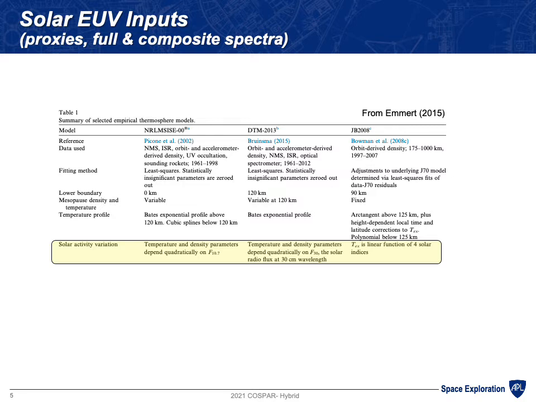But as you can see, that's not the case. Instead, the models use a radio proxy, the flux at 10.7 or 30 centimeters, or a linear combination of other solar indices like magnesium 2, Lyman alpha, which I'll also discuss in a little bit.